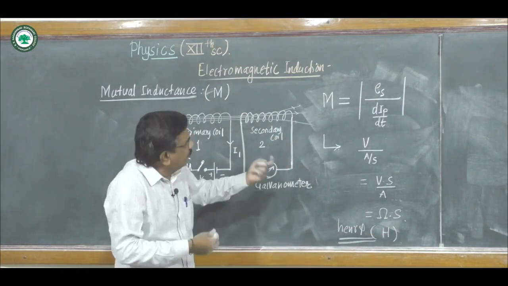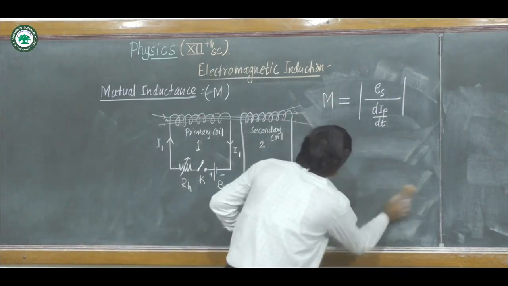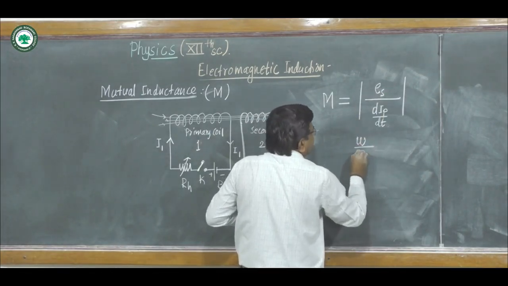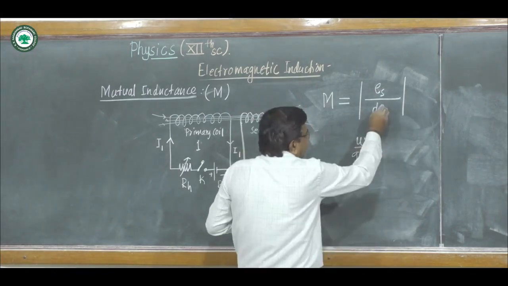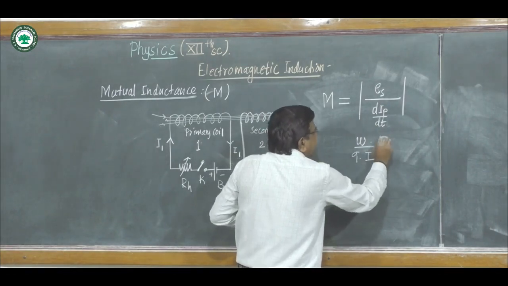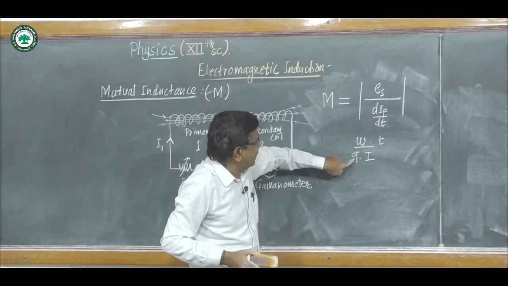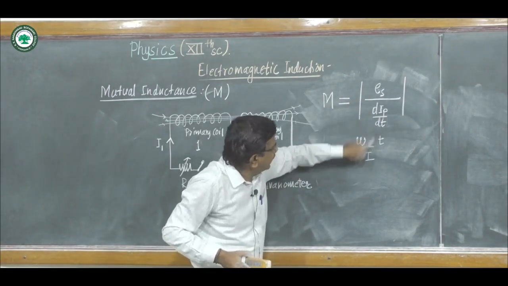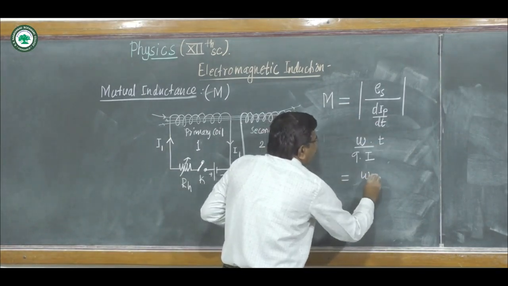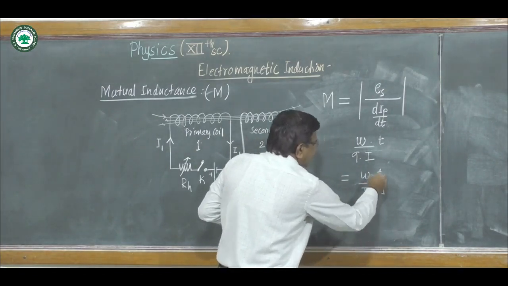And the dimensions are also very simple. Dimensions of this mutual inductance: this EMF is work upon charge Q. Q is IT, so W upon I into T, and T gets cancelled.